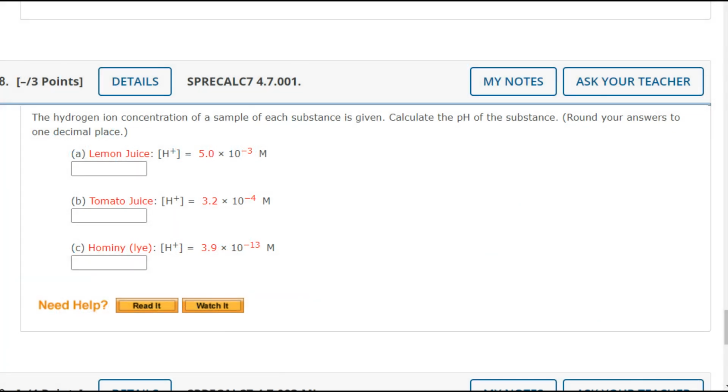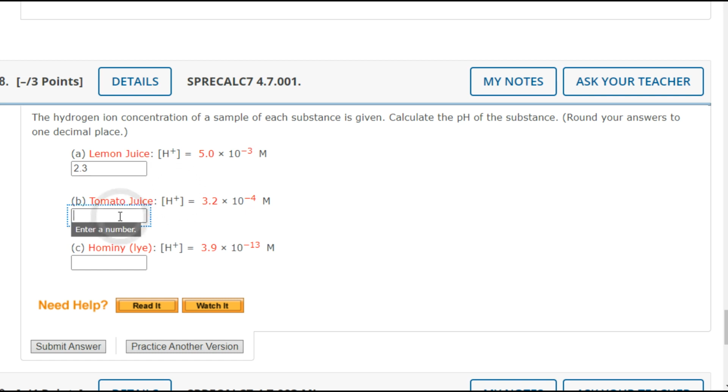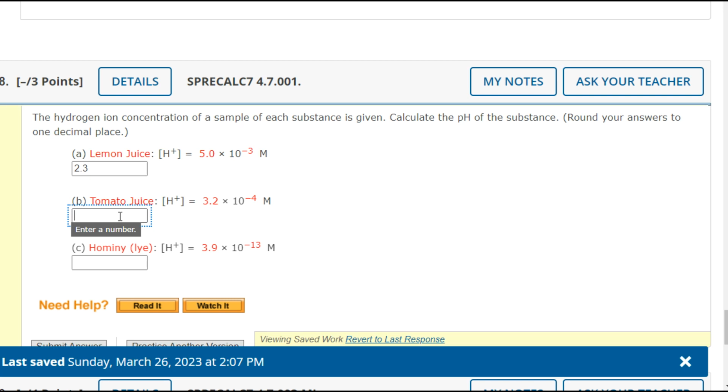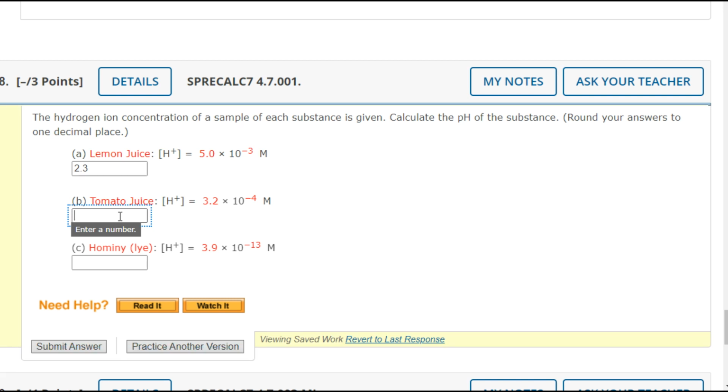Log of 200 is 2.3. That's very low pH. It's acidic. For tomato juice, we'd have log of 10,000 over 3.2.